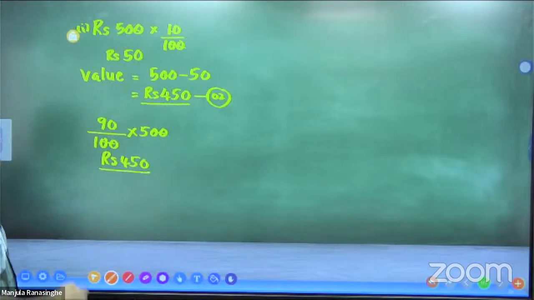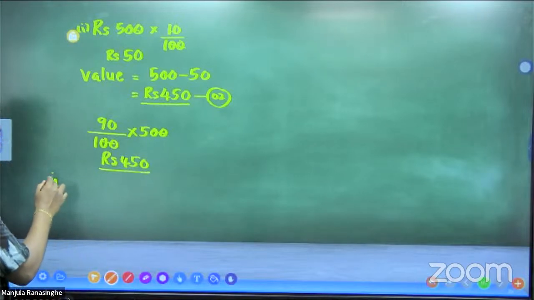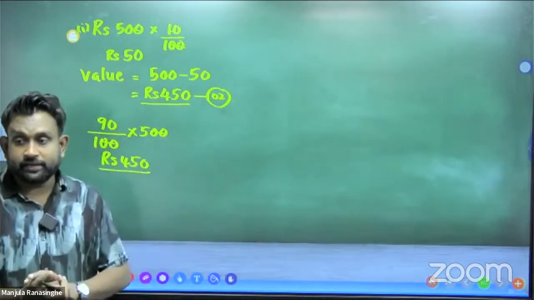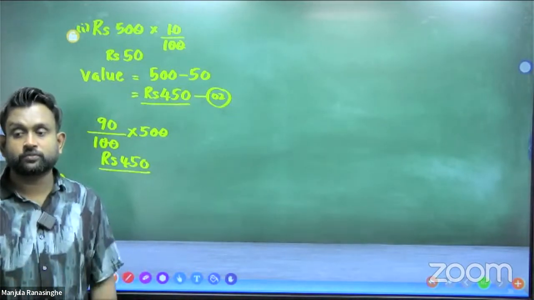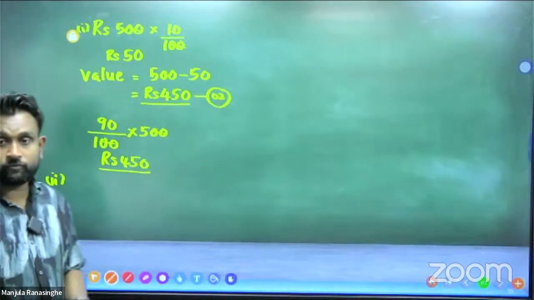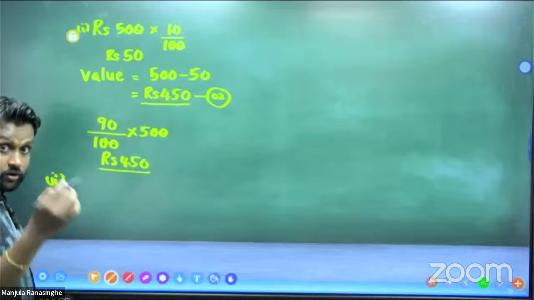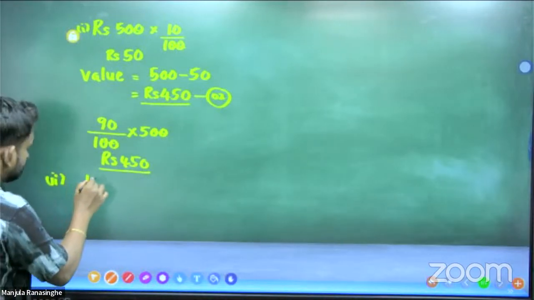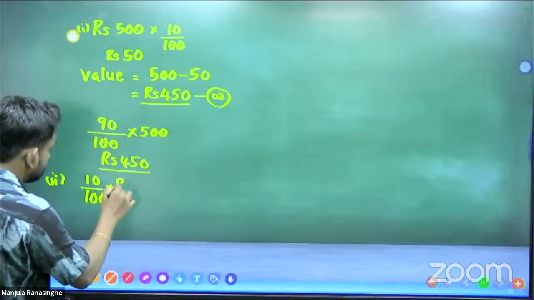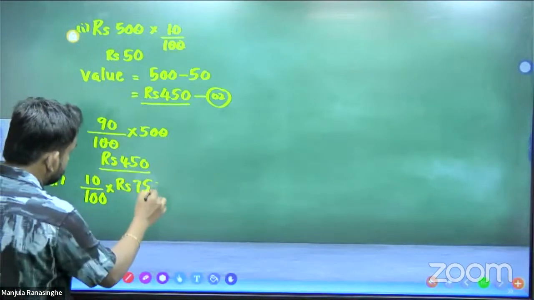Right, part 2. A person buys a sofa worth rupees 75,000. Find his discount and the amount he pays for the sofa set. So 10% is given as the discount. So you find out what is 10% of 75,000. So 10% means 10 upon 100 into 75,000 rupees. How much is the discount offered?